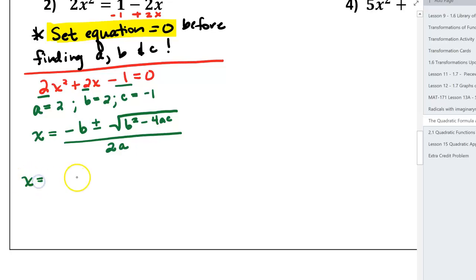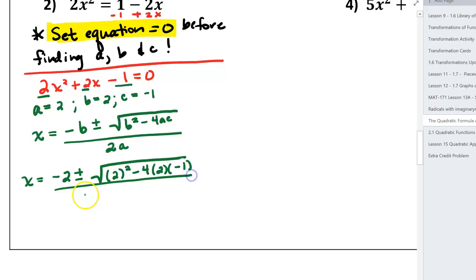So that's going to give me negative 2 plus or minus the square root of 2 squared minus 4 times 2 times negative 1. And that's all over 2 times 2.